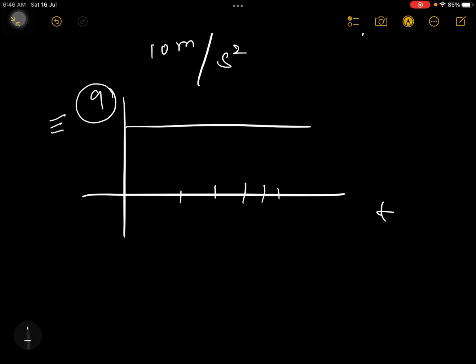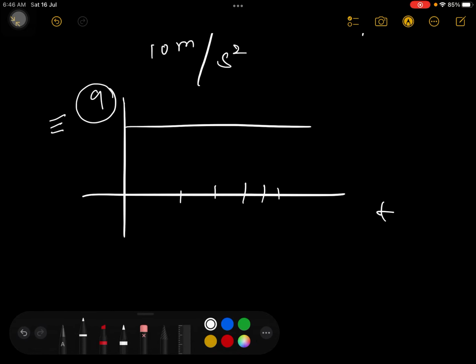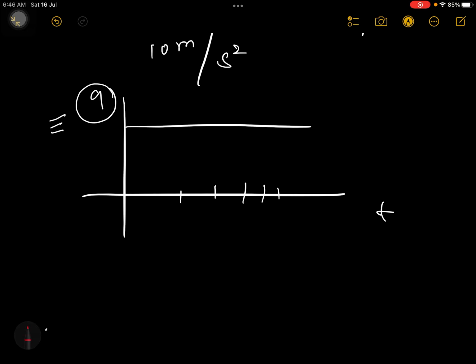Whatever this value is, suppose this value is 20 meter per second square, then this is not being changed at all over time. At every single moment your acceleration was only 20 meter per second square.